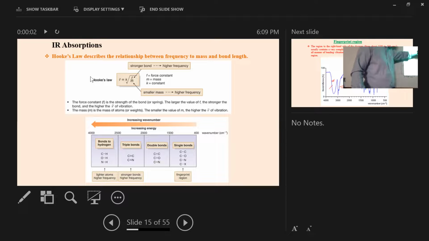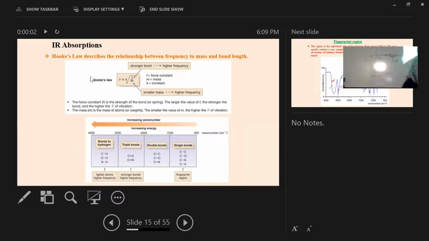And if the mass is very large, it should absorb at a lower frequency. See here, carbon nitrogen or carbon halogen. If you consider carbon halogen, this is a very heavy molecule. Therefore, it is absorbing at the lower frequency.